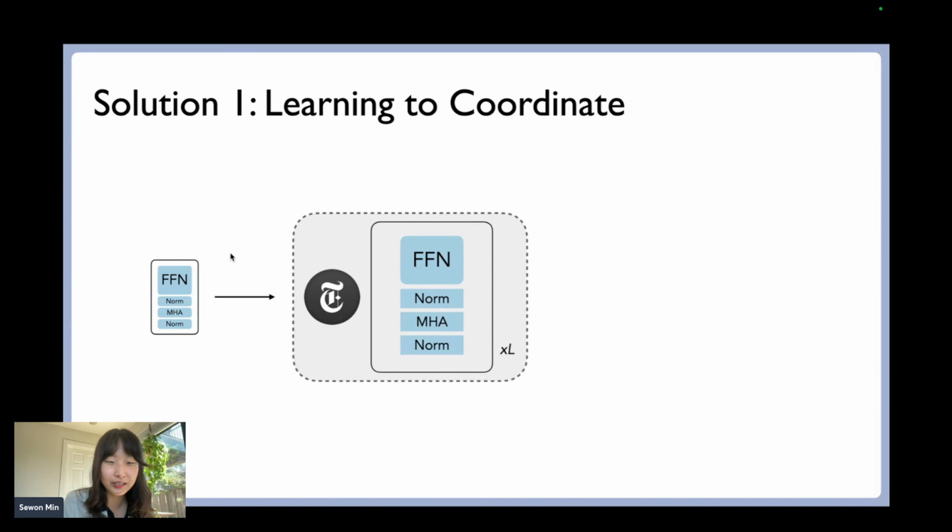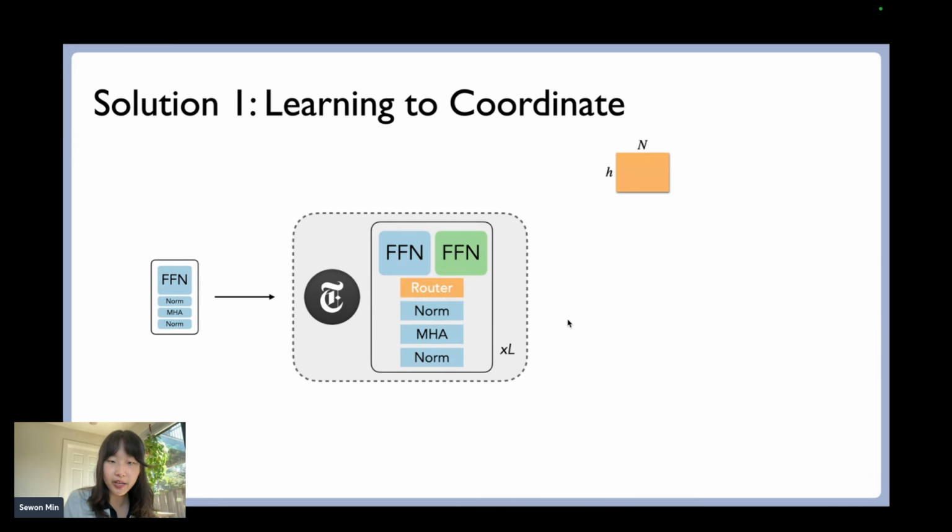The idea is, once you have the starter model and you are one of the data owners who wants to continue pre-training on it, then instead of doing normal continued pre-training, which would override all of these model parameters, you make it a mixture of experts with two experts. So you duplicate the FFN and add the router.